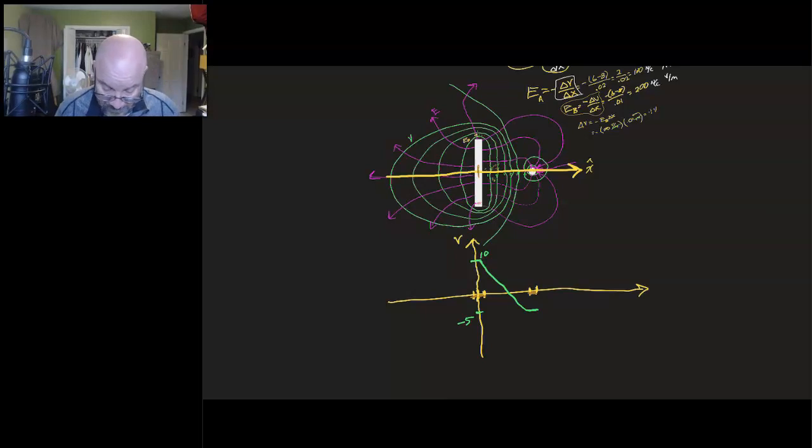Then remember we marked 8, 6, 4, 2, -2, -4. This corresponds to this position, this corresponds to this position, etc. So with our voltage, we're actually making a picture of the landscape in terms of how steep it is, rather than looking down from above like a topographical map.